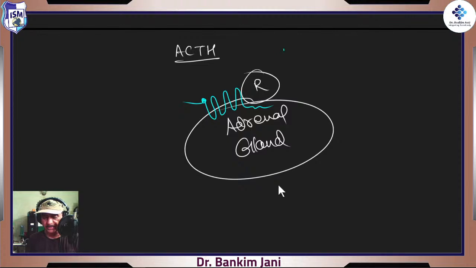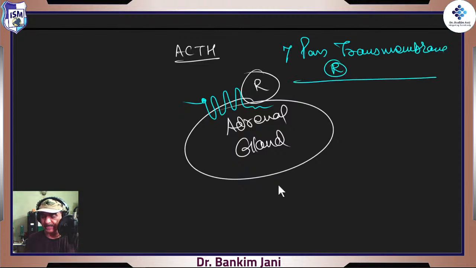This is what is called the 7-pass transmembrane receptor. These are also called integrated receptors, because if you try to take out these receptors, you'll destroy the entire cell wall. So they are like integrated receptors.